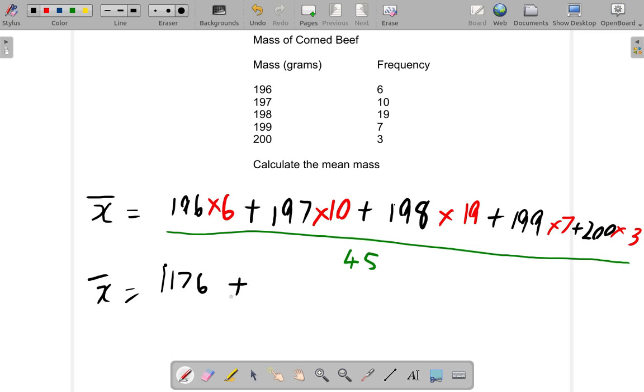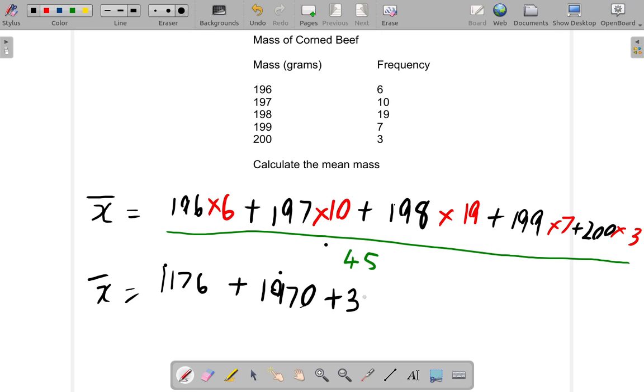Plus then 197 times 10, that would be 1970. Plus 198 multiplied by 19, 3762.